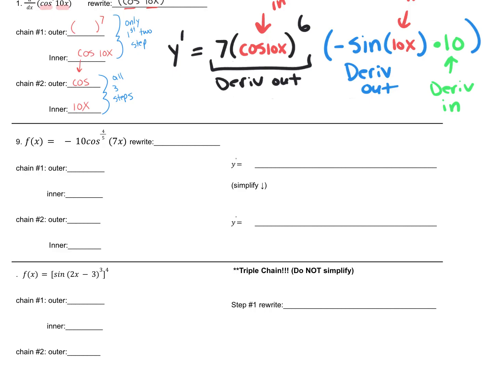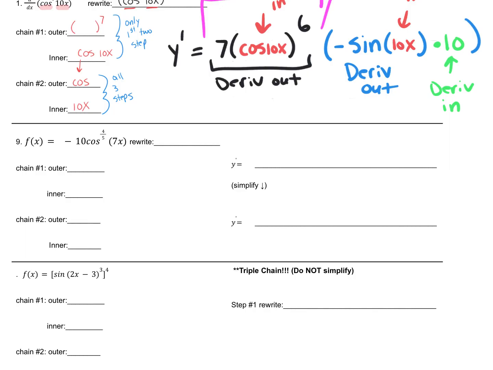All right, so this whole part here, let's see, what color haven't I used yet? Let's try pink. Okay, this whole piece here is chain 1. And then this piece here, that is chain 2. All right, so that's a double chain.